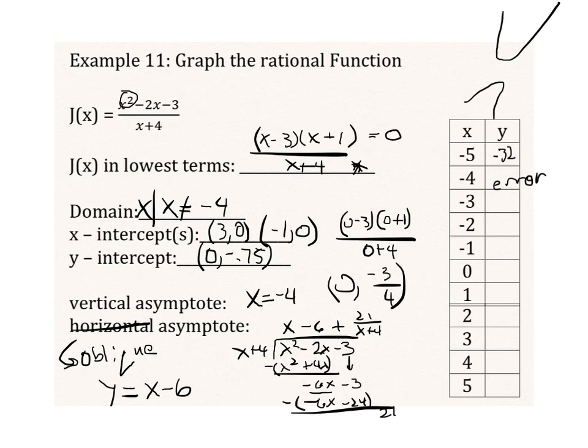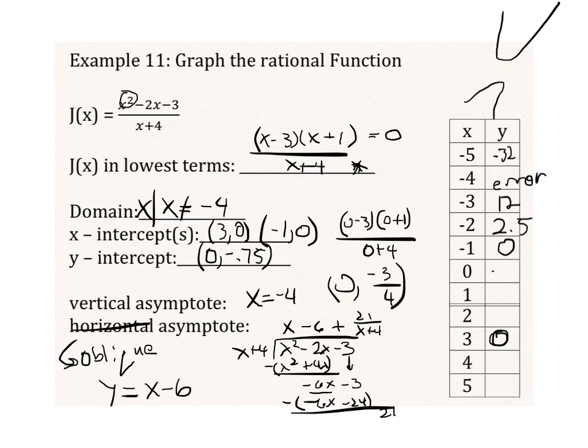At -3, we're at 12, and then at -2, we're at 2.5. Then at -1, we're at 0, which we already found earlier as one of our intercepts. And we can also put 0 at 3 because that's one of our other intercepts. And then our y-intercept, which is the next point here, is at -0.75.